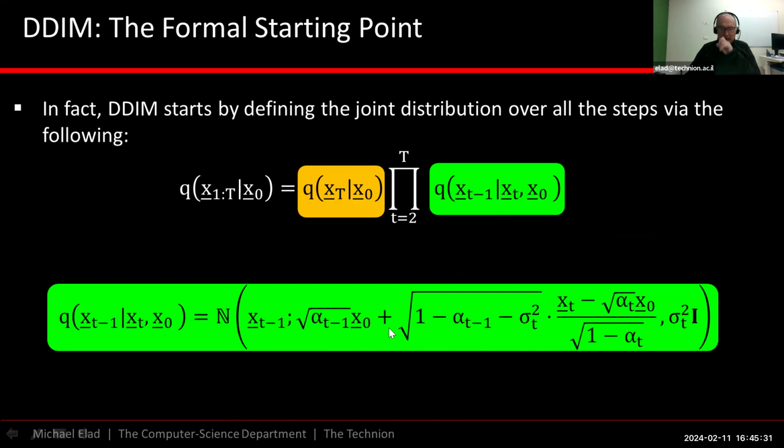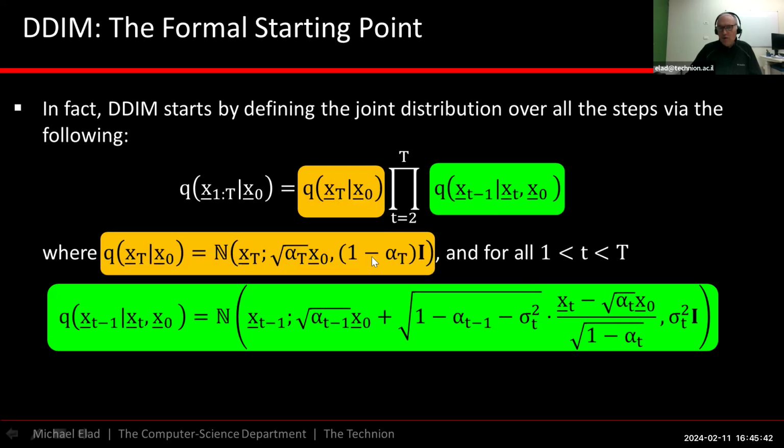This is the expression I kept talking about. This is the green part. And then there is the yellow part that says xt, x capital T, is created from x0 using this formula, which is, by the way, the formula we are accustomed to. Basically a mixture of the clean image and noise, where the clean image is hardly there because alpha t is nearly 0. Okay? So this is the proposal.